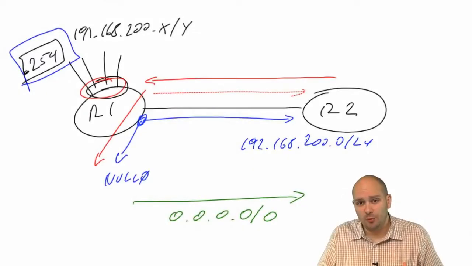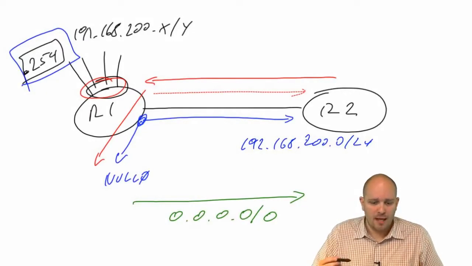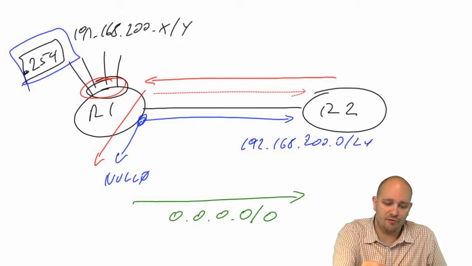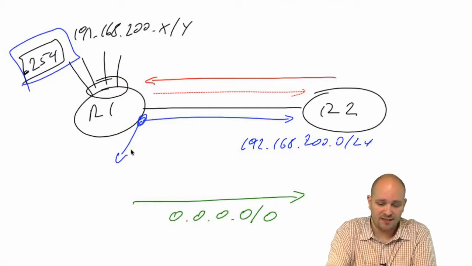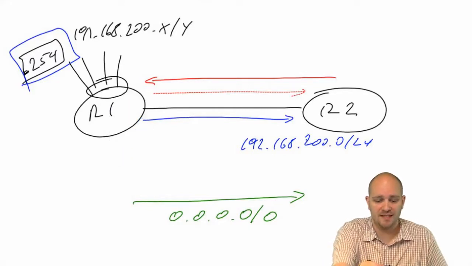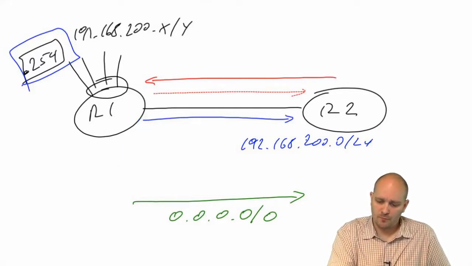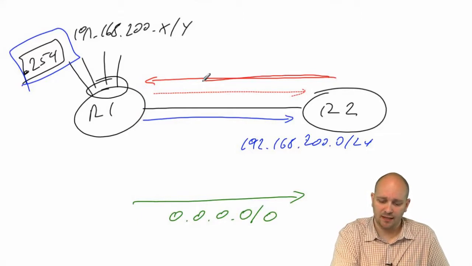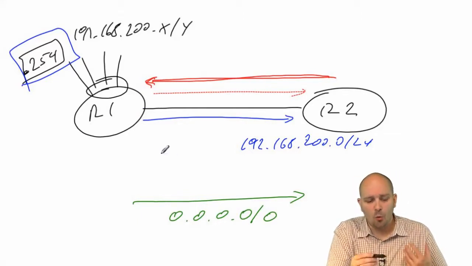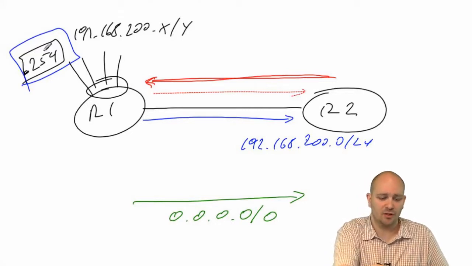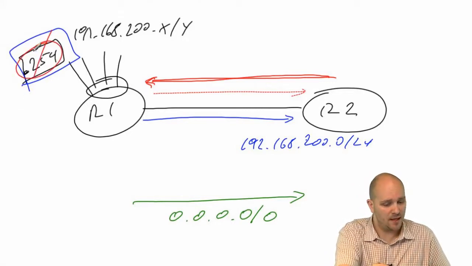So what effect will this have in our network? Well, now that we don't have this discard route, this null zero route in place, when R2 sends this packet to R1, R1 is going to examine its routing table. Where do I send this traffic? Do I have a more specific route?